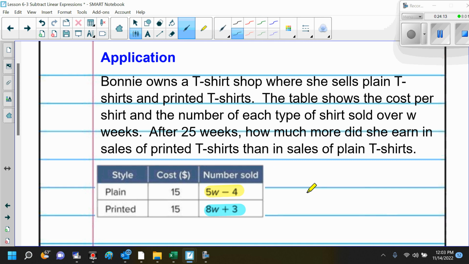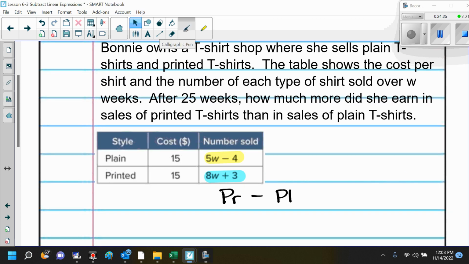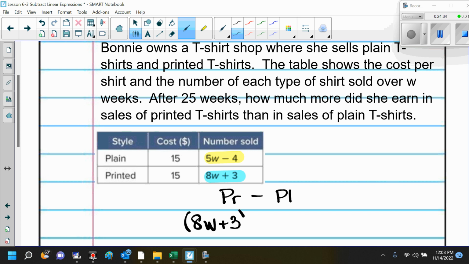So that means we're going to subtract printed minus plain. Is everybody clear with that? Okay. So we write our expression. So we've got the printed is 8W plus 3 minus 5W minus 4.